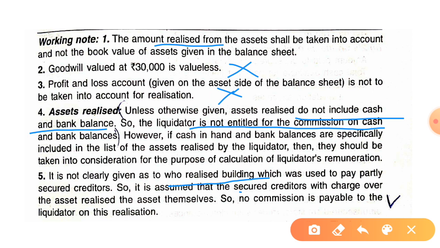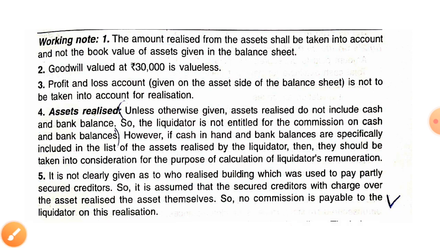So it is assumed that secured creditors, they sold the building and they distributed the cash and there is no surplus. So nothing is given to liquidator. So no commission is payable to the liquidator on the realization. This note you have to write. Okay, you have to write as a note. It is considered as the buildings are realized by the secured creditors themselves. So liquidator is not getting any commission. Clear?